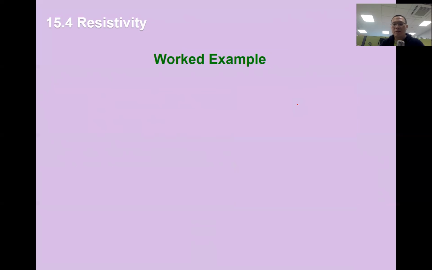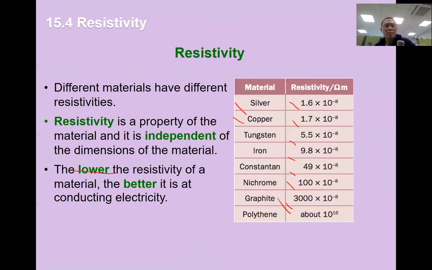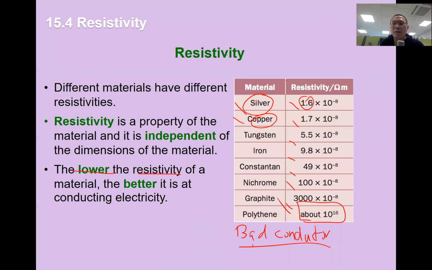If you look at the formula here, the lower the resistivity, the better the conductor. So the best conductors, the best of the best, will have the lowest resistivity. Insulators, or what we call bad conductors of electricity, will have a very big resistivity. It can easily be 10 to the power 16, 19, or even 22. It's quite high.